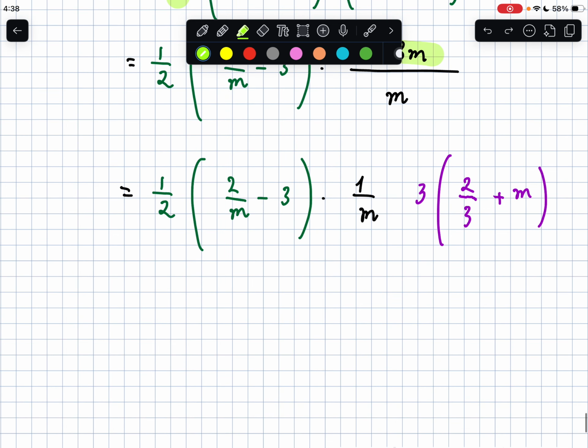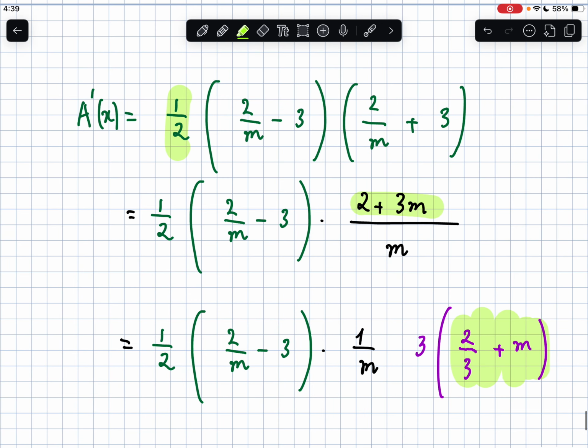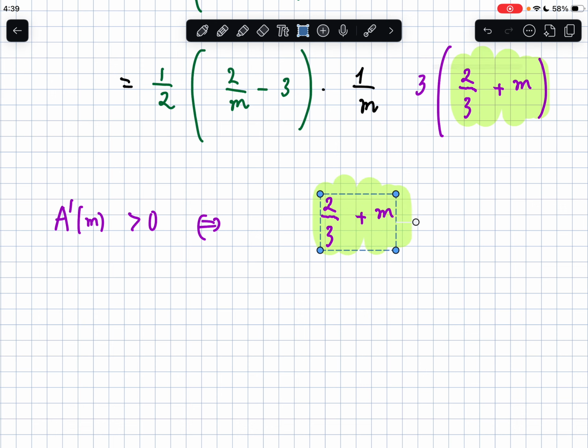So now look at that. It really depends on the sign of m plus 2 over 3. Negative, negative, so this term is positive. A prime of m is positive if and only if this one is positive.